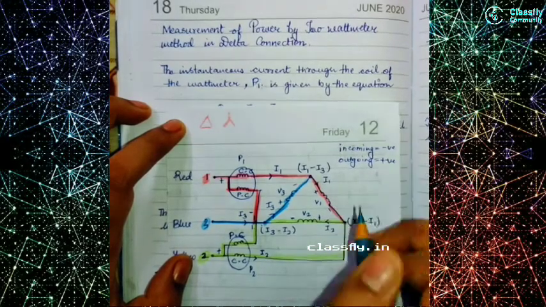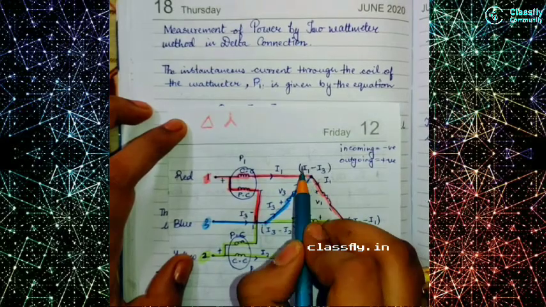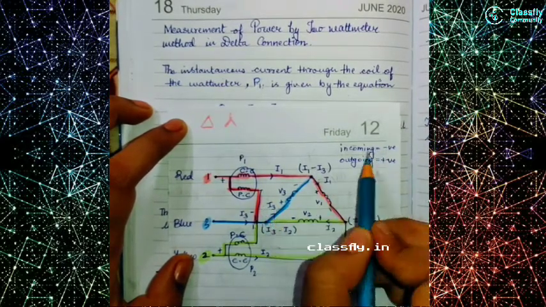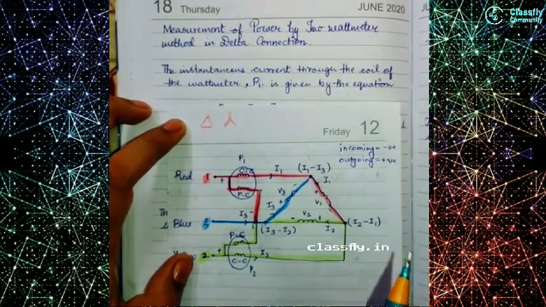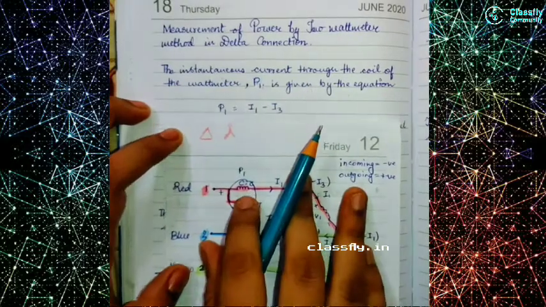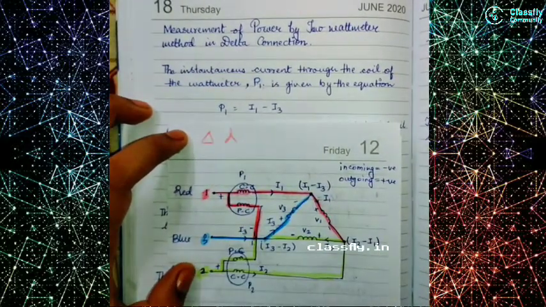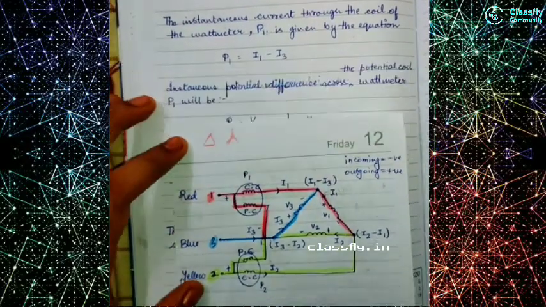So I1 is outgoing, so it will be positive. It will be I1 minus, why? Because I3 is incoming and we are taking incoming as negative, so I1 minus I3. So the instantaneous current for P1 will be I1 minus I3. I hope you understood till this. Let's move on to the next.